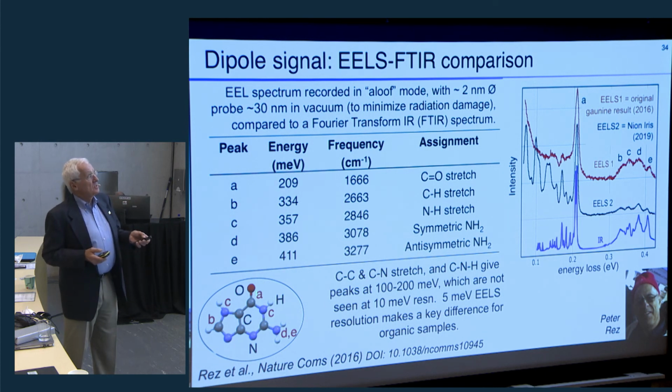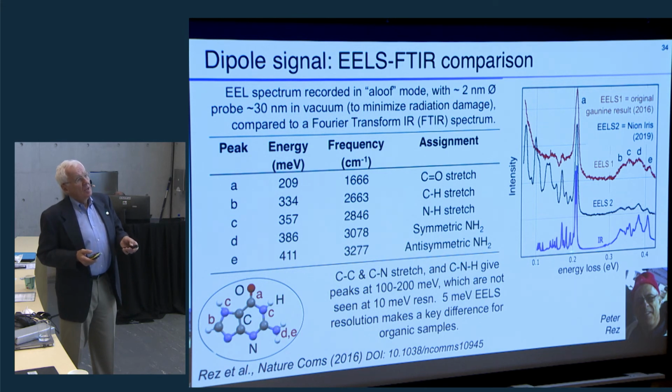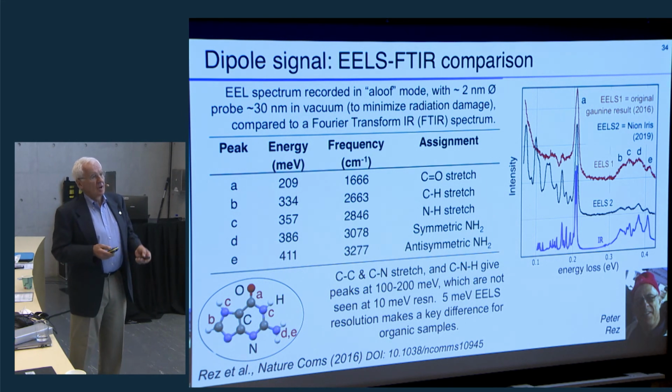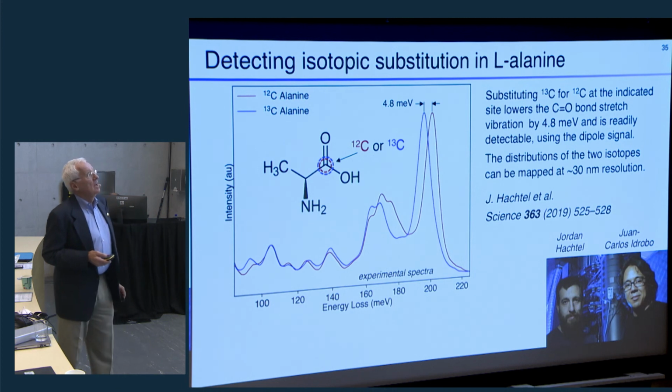The strongest peak is oxygen vibrating next to a carbon atom. So that's the one at 205 electron volts. And then there's a whole bunch of transitions which have to do with oscillations in the 6-fold and 5-fold ring, which we weren't seeing initially, and we started seeing them later.